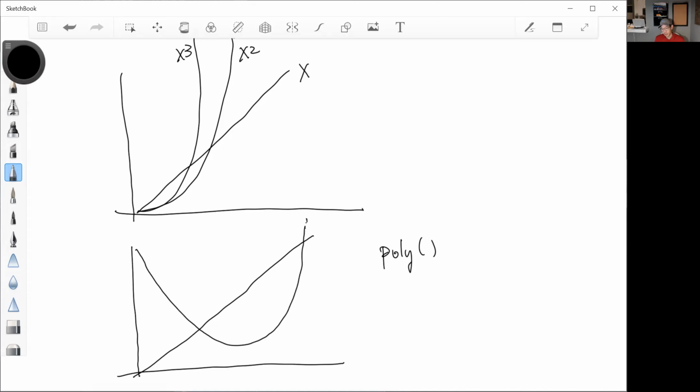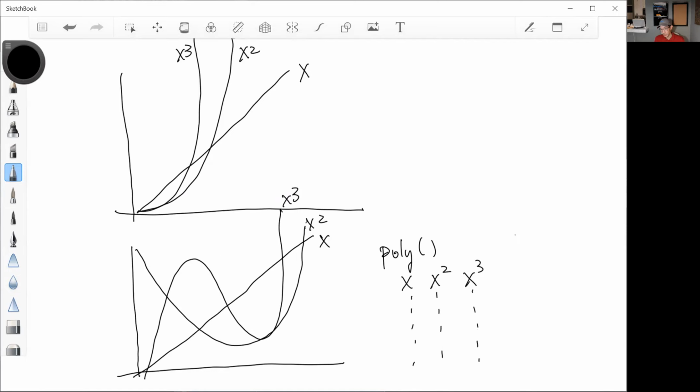So this will be your x squared term, and then x cubed will be cubic. The column of x, x squared, and x cubed, the correlation between each of these things will be uncorrelated. Each column is orthogonal.